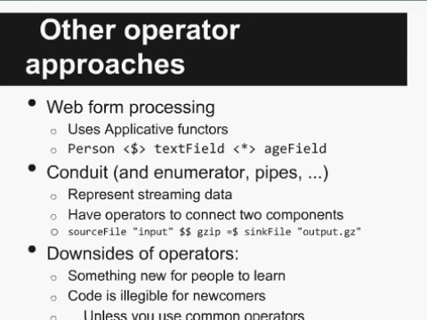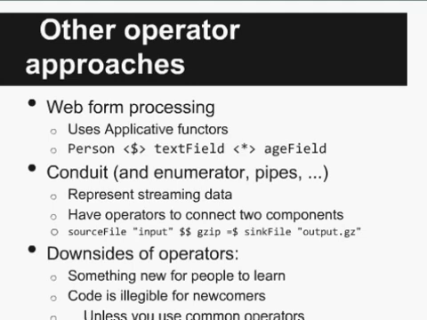Okay. And finally, let's just have a quick run through of some of the other operator approaches. In the Yesod world, we have a form processing library, which was ripped off entirely from the formlets library that preceded it. With form processing, we use applicative functors to a great extent.